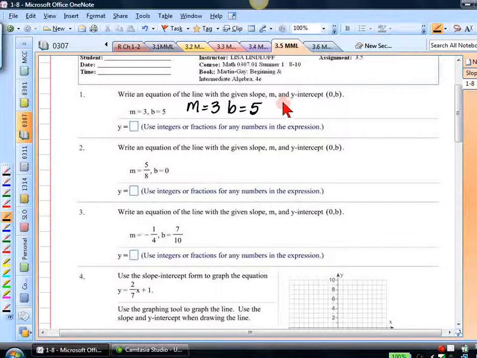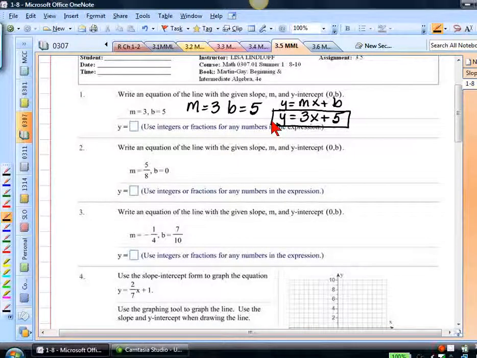What I think you should do is, at least in your mind, think about the form y equals mx plus b. And then write down y equals, you tell me, what times x? 3x plus 5. Problem done. That's it.